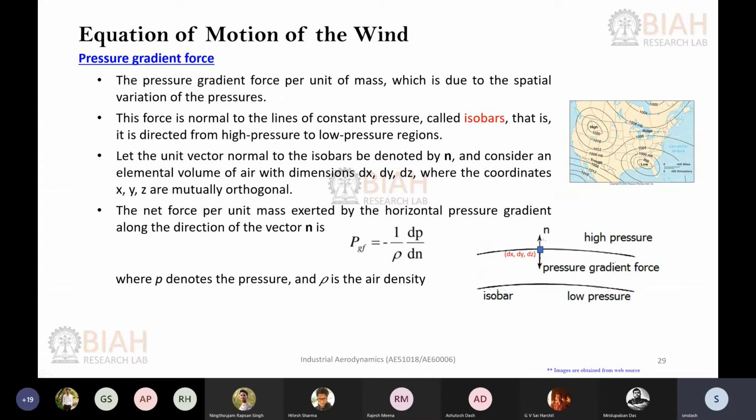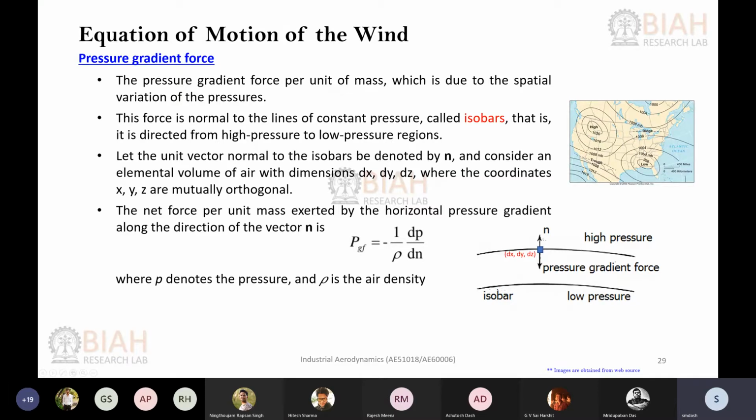Pressure gradient force, by name itself you can see, is a force which is experienced when there is a pressure gradient observed in the atmosphere. Some of you might have seen this type of weather plot.